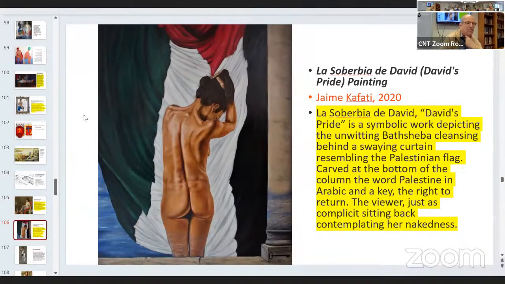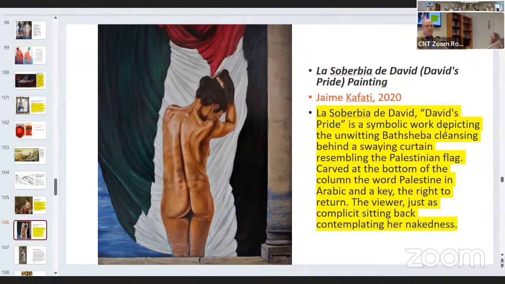Okay, I tried to leave politics out, but I couldn't avoid the fact that even the Palestinians take the story of David and Bathsheba and portray themselves, like with David and Goliath. The Palestinians say that they are David, and the Israeli army is like the Goliath and all that stuff that they say. So here, I couldn't believe it, but it's even in this painting. Okay, La Soberabia, I don't know who that artist is, calling this painting David's Pride.